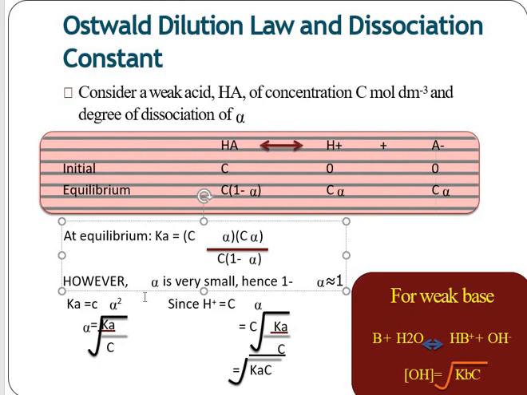Consider 1 minus alpha nearly equal to 1, and you will get Ka equal to C alpha square. By using this equation you will get the value of alpha. Alpha is equal to the root of Ka divided by C. So in this way you can calculate dissociation constants by using Ostwald's dilution law.